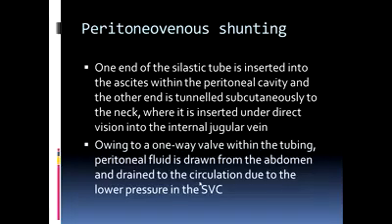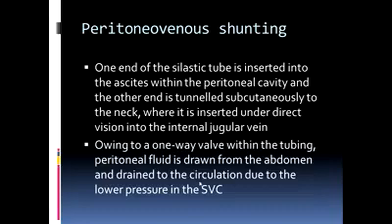Now the surgical aspects of the treatment of ascites, and an important method for diverting this fluid is peritoneovenous shunting. So what happens in this special surgical method? One end of the silastic tube is inserted into the ascites within the peritoneal cavity, and the other end is tunneled subcutaneously to the neck. We can do this procedure laparoscopically or with the standard open laparotomy.